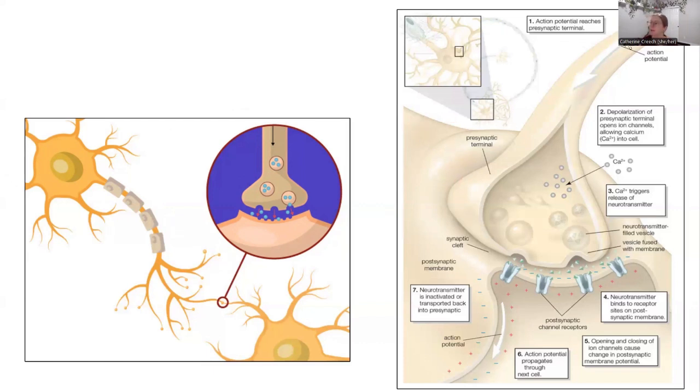So here we have another visual of this. We have the axon of another neuron right here. It's sending a signal down. We're looking inside of the axon terminal. The signal is being sent down. It's causing these vesicles to release their neurotransmitters, and the neurotransmitters are binding to the receptors of the cell below it.